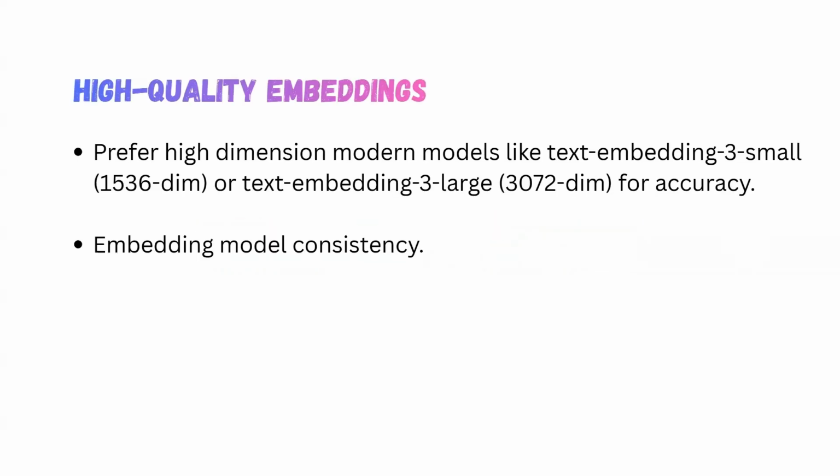The very first thing is to use high quality embeddings. As discussed earlier, prefer modern models like OpenAI text embedding small or large, with 1536 and 3072 dimensions, or some other AI model with high dimensions for accuracy. The second one is to maintain the same embedding model consistently across your dataset.